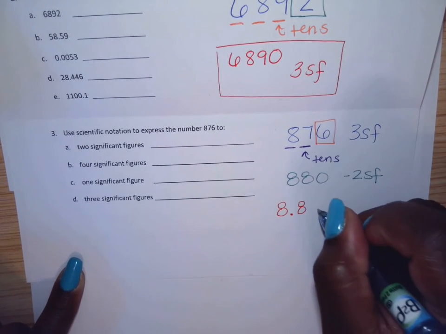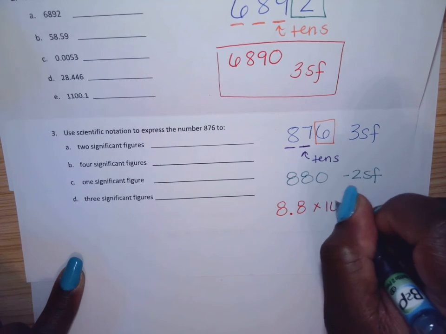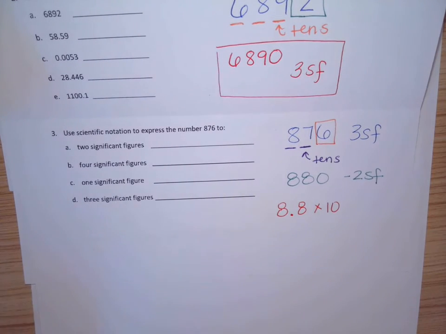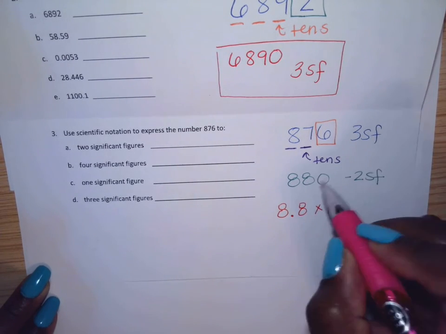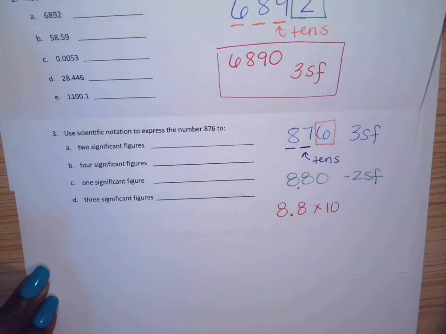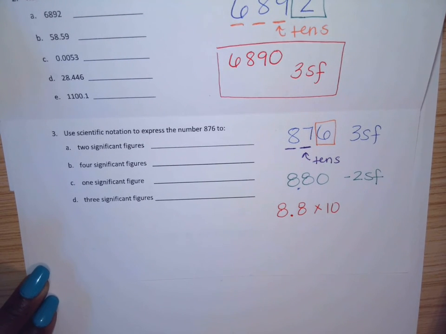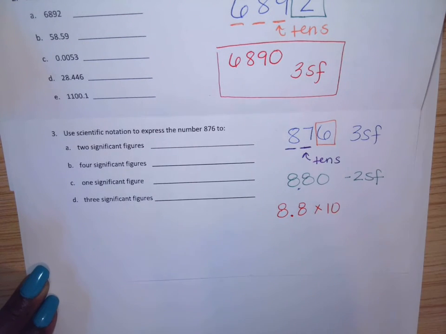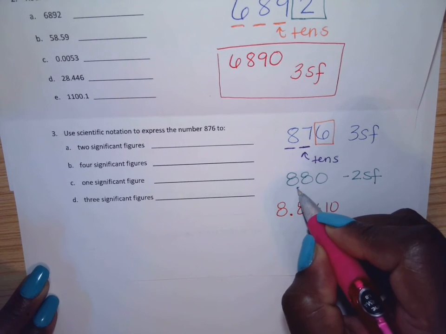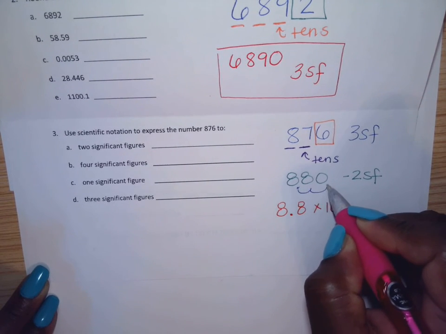That's my coefficient. So now I have to multiply it by 10 to some power. To determine what that power should be, look at where I'm now saying my decimal is located. I'm now saying my decimal is between the two 8s. In order to get back to the original position, remember, if you don't see a decimal, that means there's an imaginary or implied decimal at the very end. So in order to get back to that very end, I would have to move to the right 2 places.